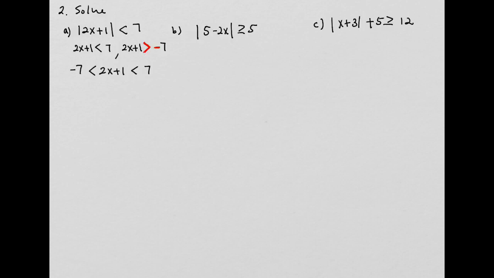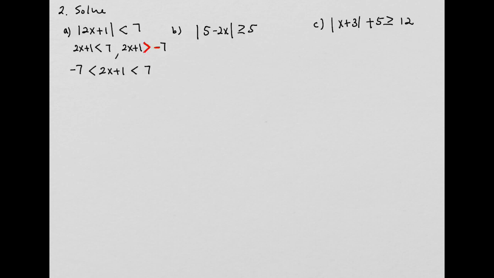So if you don't want to work two inequalities, you can combine it as a compound inequality and solve. In a compound inequality, whatever you do in the middle to isolate x itself, you do on all three sides.